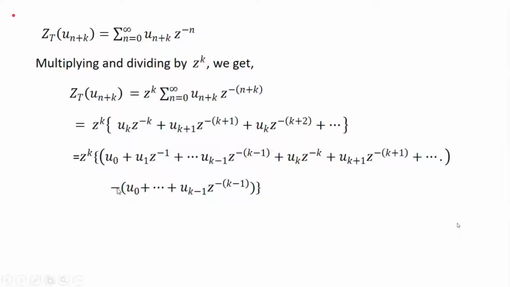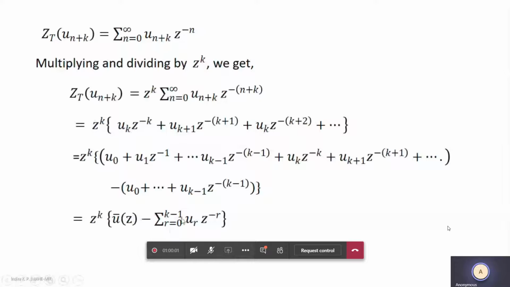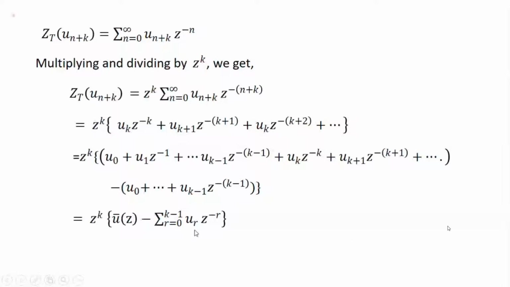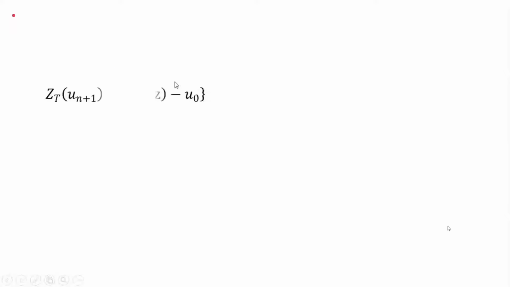Now can you see that this sum is nothing but the z transform of the sequence un, which is u bar of z. So we have subtracted the sum from r equals 0 to k minus 1 of ur z to the power minus r. So this left shifting rule usually will be used in case of solving difference equations. So in particular, what will be the z transform of un plus 1?